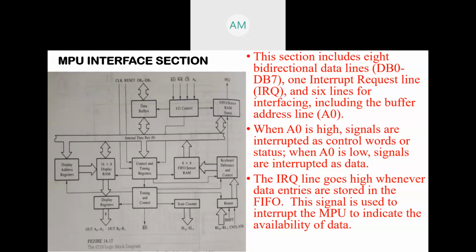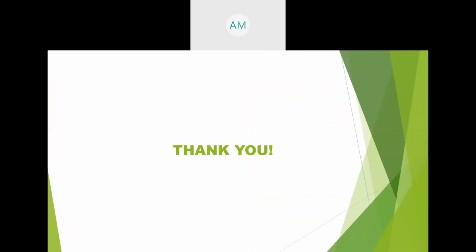This signal is used to interrupt the MPU to indicate the availability of data, that is, whether the data is available or not. So this is all about interfacing the matrix keyboard using 8279. Thank you.